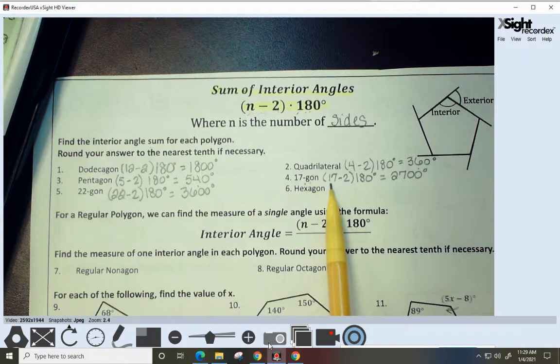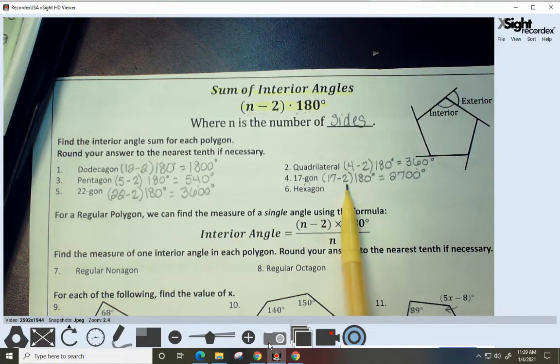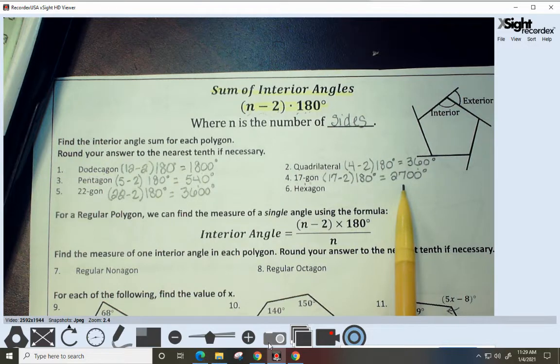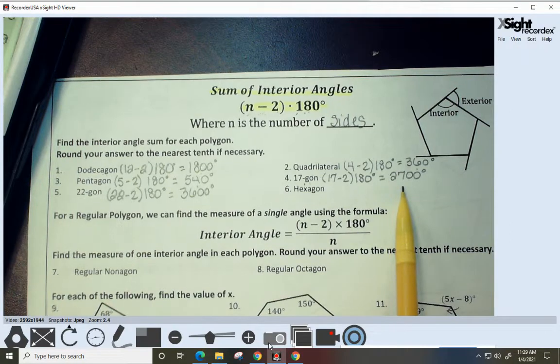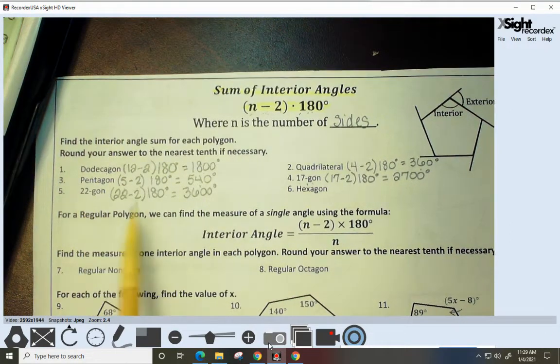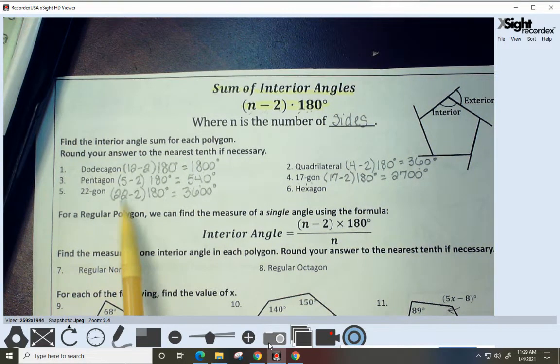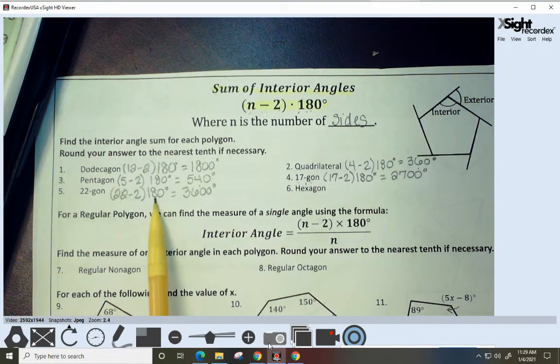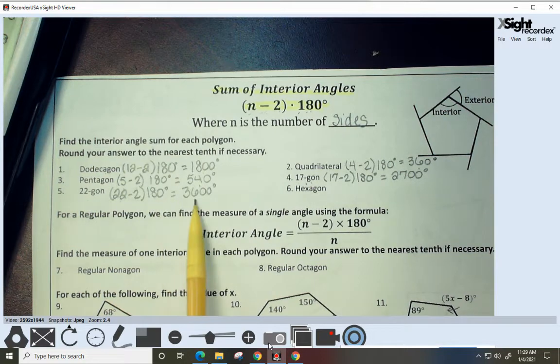So 17 minus 2 times 180 gives me 2700 degrees for the interior angles of every 17-gon. A 22-gon has 22 sides. Take 2 away, times 180 degrees, equals 3600 inside any 22-sided polygon.